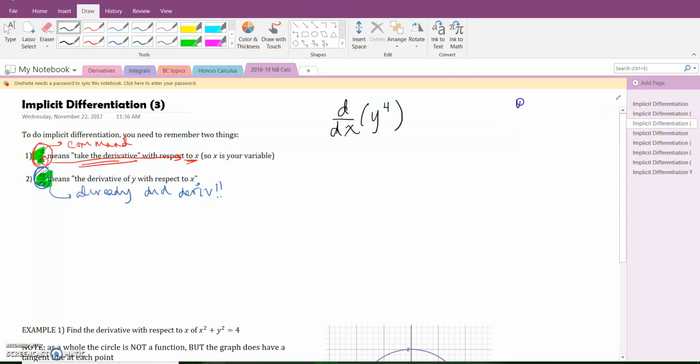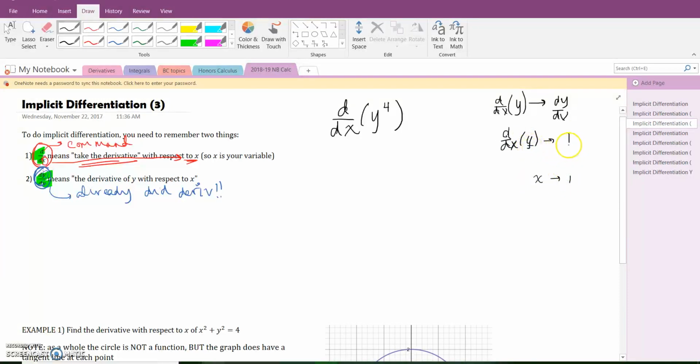So remember, before, if I had y and I wanted the derivative of y, we would put dy dx. And the real reason we put dy dx when I want the derivative with respect to x is that the derivative of y, so d dx of y, is actually 1, just like the derivative of x is just 1.